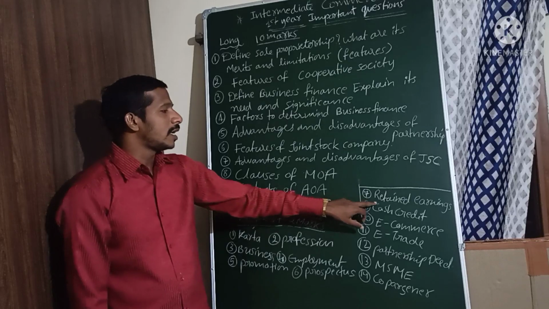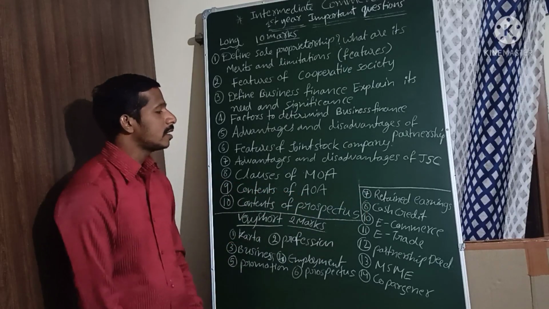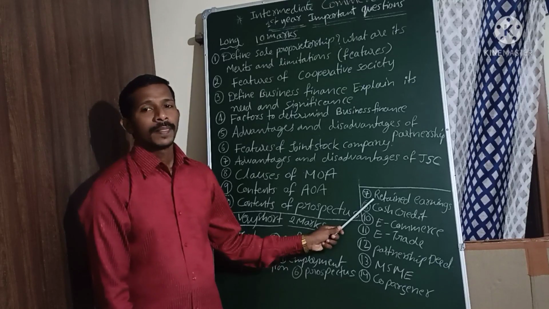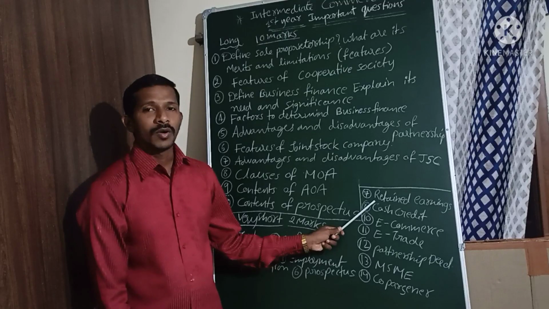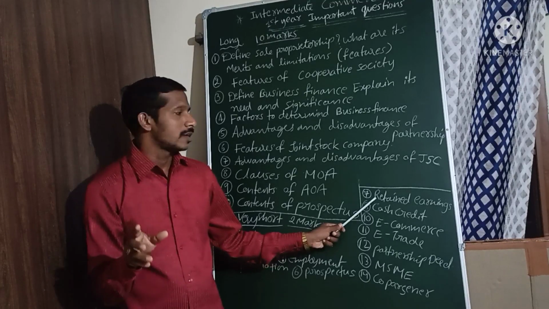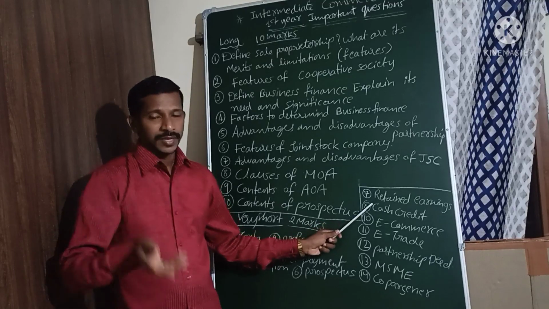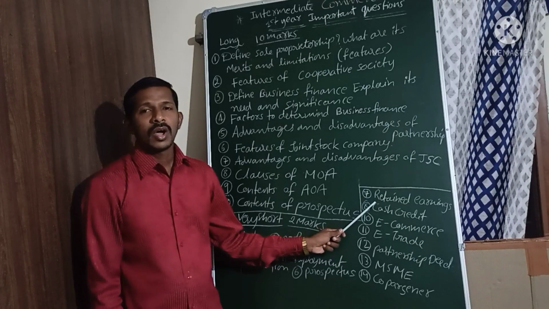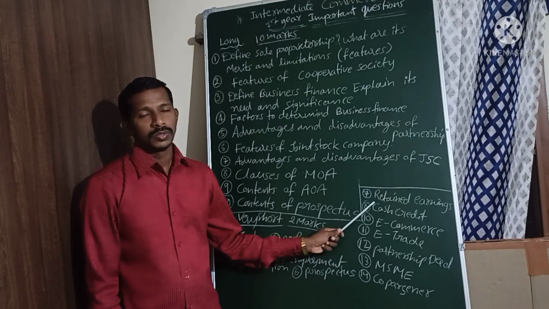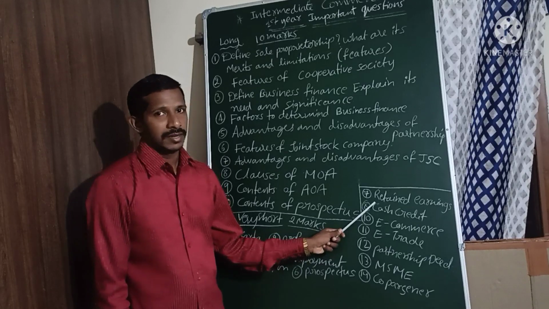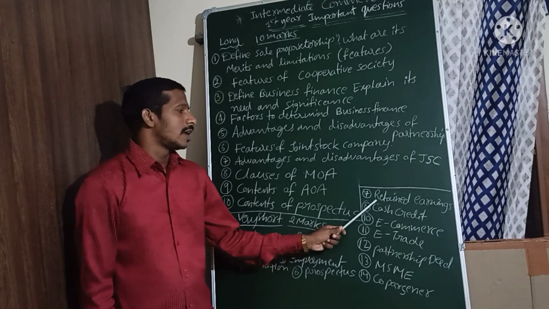7th question, retained earnings. Retained earnings means the earnings of the company. From the company profit, they will keep some amount aside for future benefit, or again they will reinvest. Okay. Company profit, they will not use to distribute. They will use it for reinvestment.